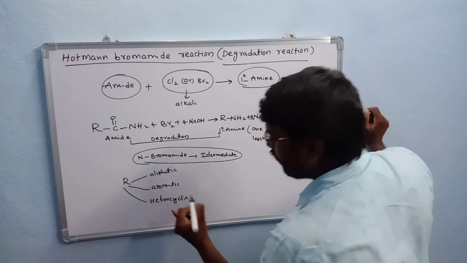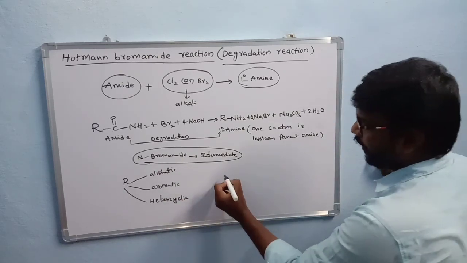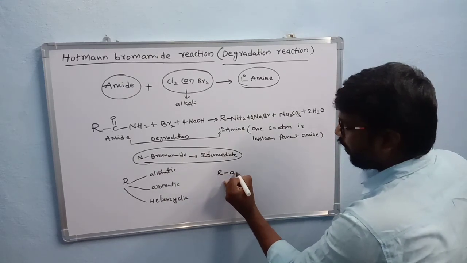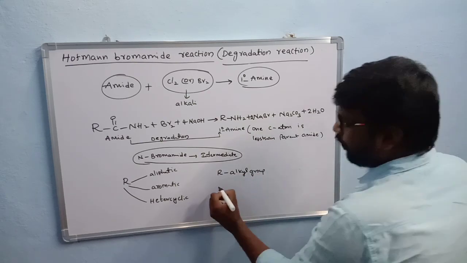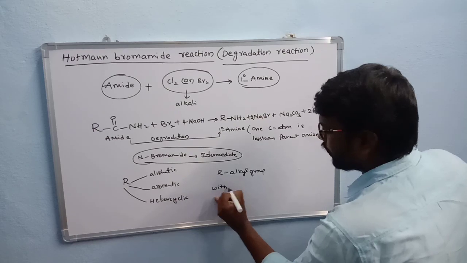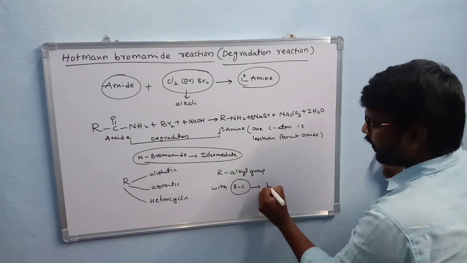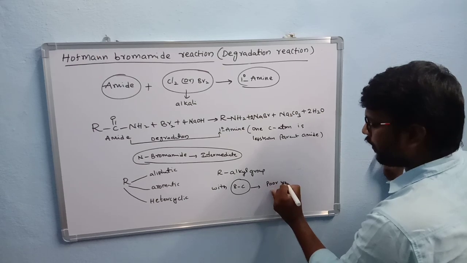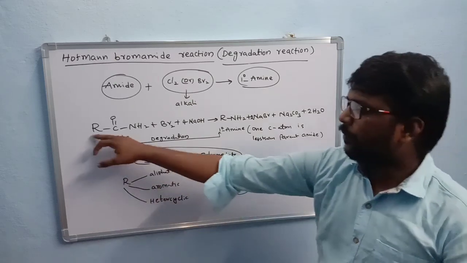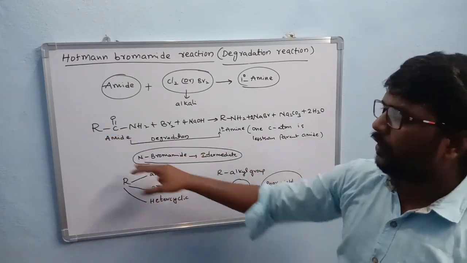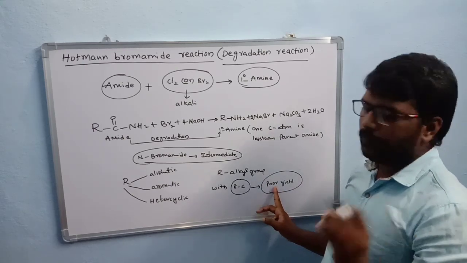If R is an alkyl group with more than 8 carbon atoms, the yield we get is poor. The product formed is very little.